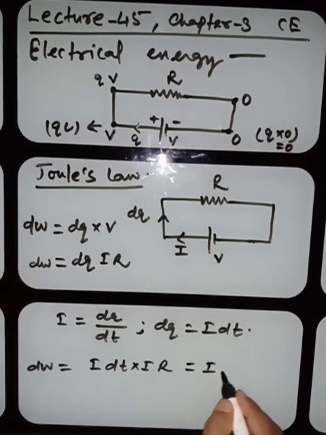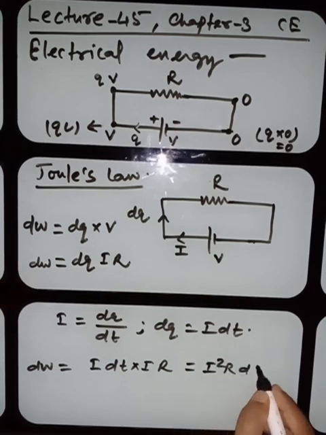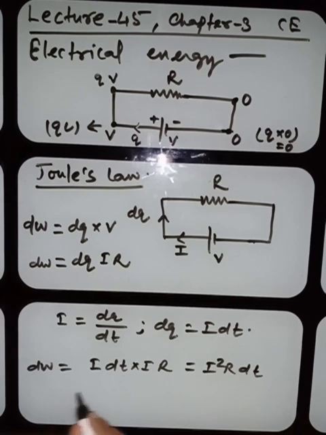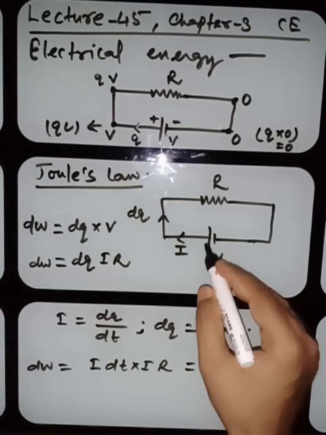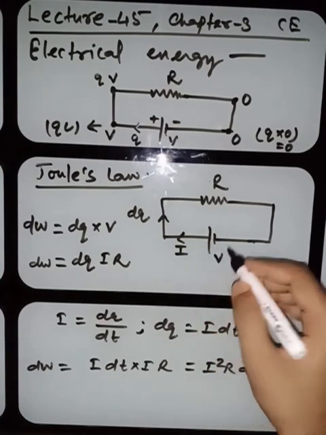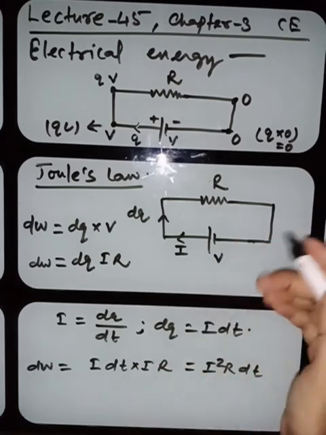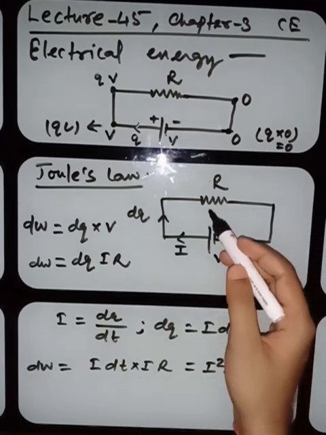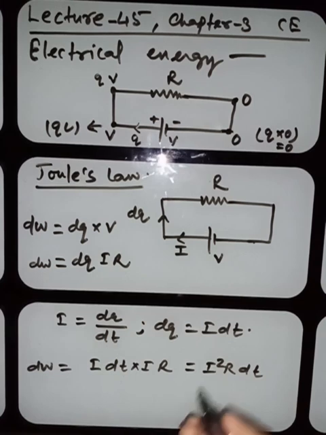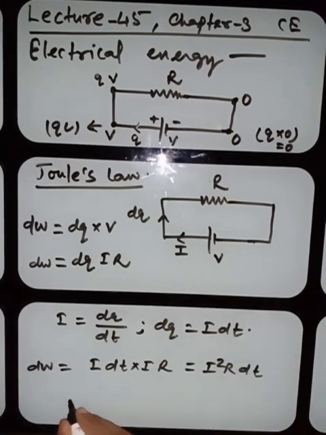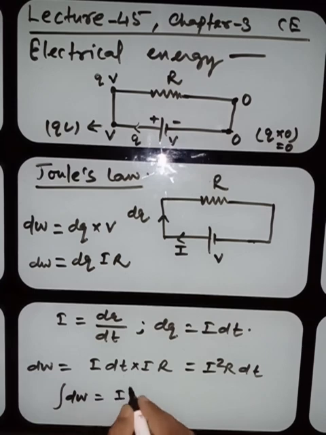It is I square R dt. Now integrate to get it for a particular time. You switched on this cell at 0 seconds. After t seconds, you want to find out the energy used by this resistor, my dear students. Then you will get, integrating this dW, I is constant.